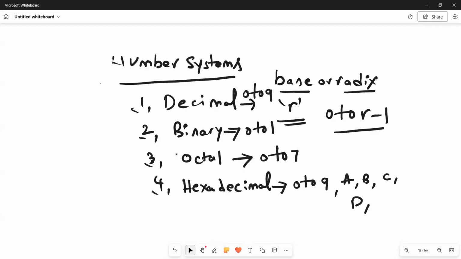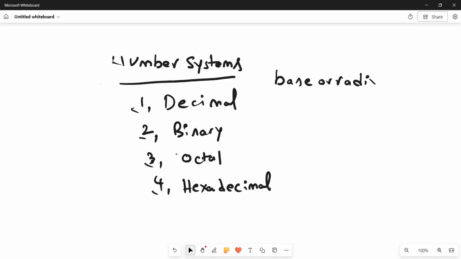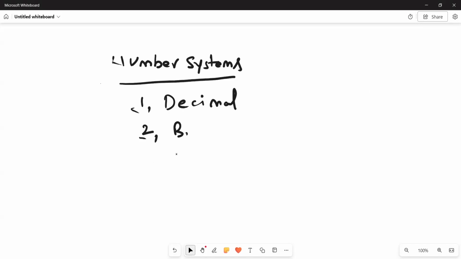I think you get the point regarding the different types of number systems. Now let us see the process of conversion of a number in one base or radix to a number in another base.